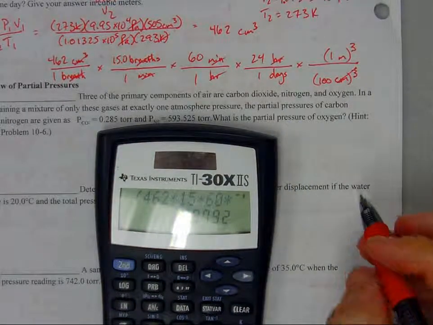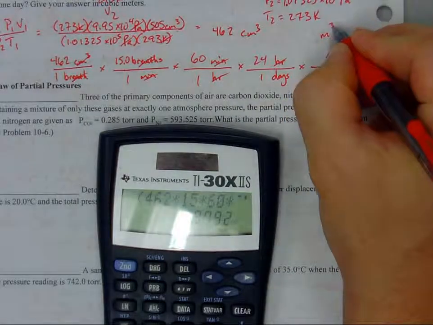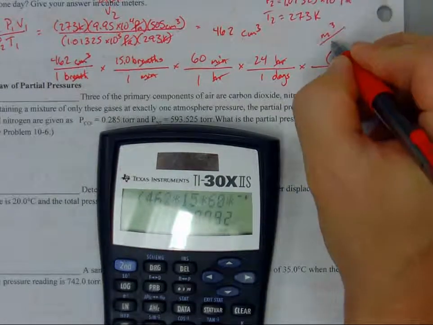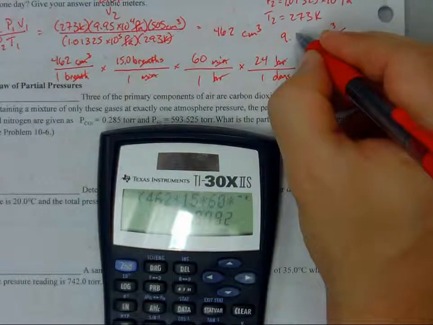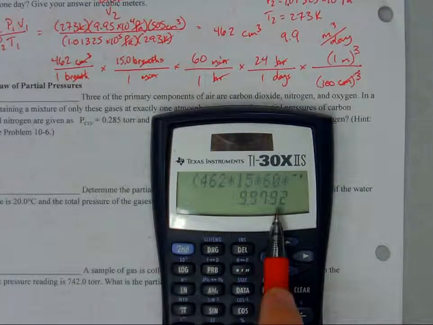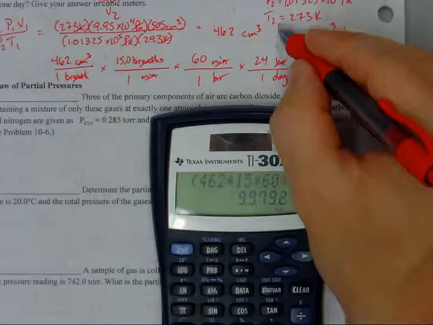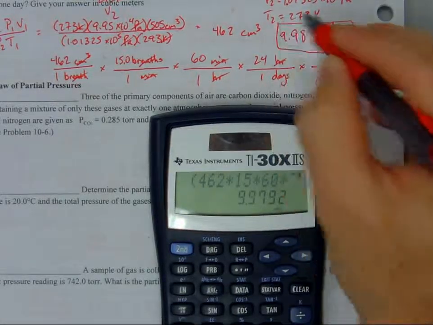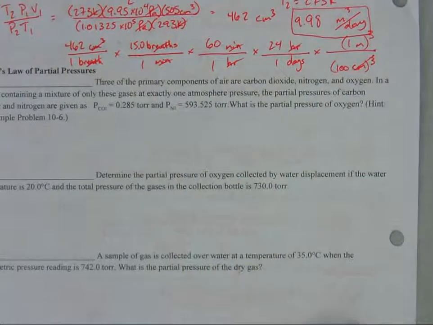And so I'm going to end up, again, with a unit of meters cubed per day. It's going to be 9.9, and I want 3 significant figures. So that 9 is going to turn that 7 into an 8. Gets a little bit messy, but 9.98 cubic meters per day.